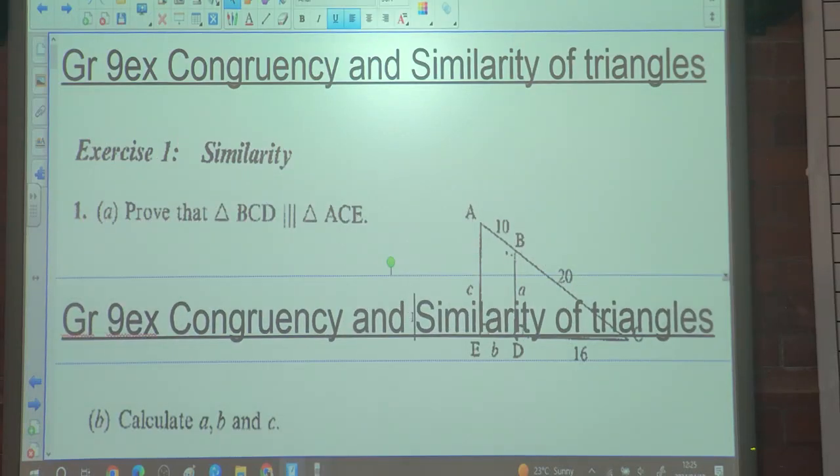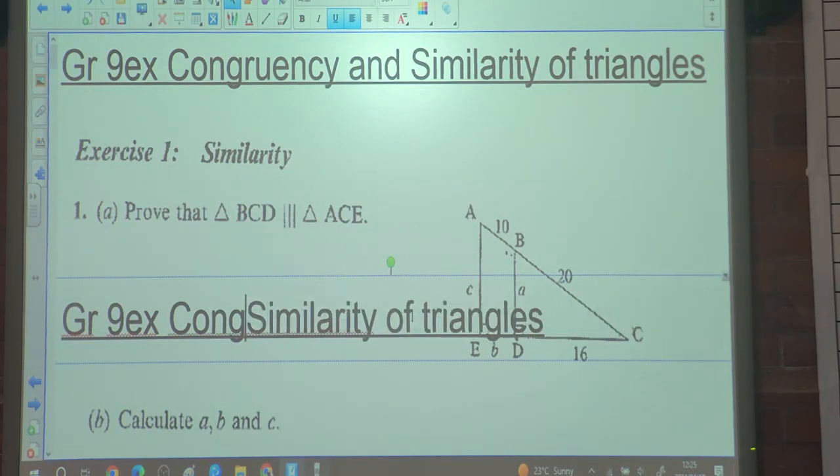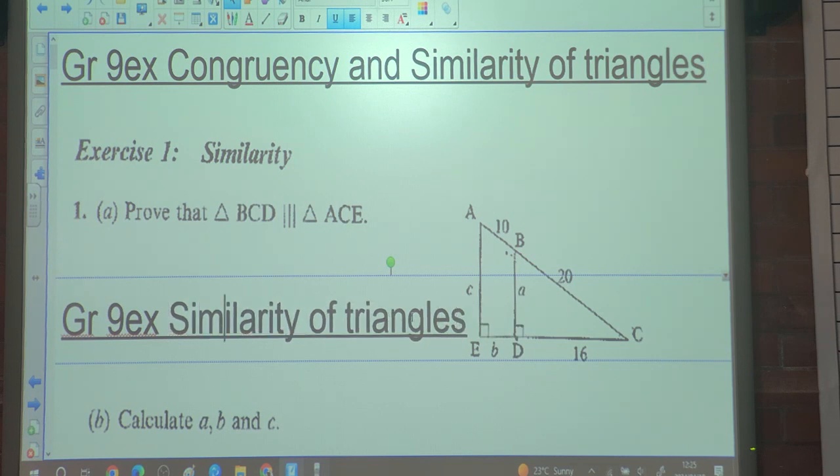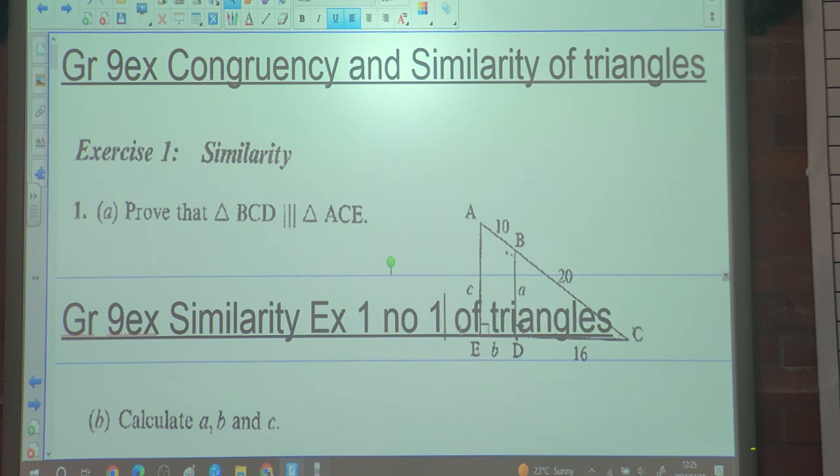Similarity, exercise 1, this one page, 146. Okay.